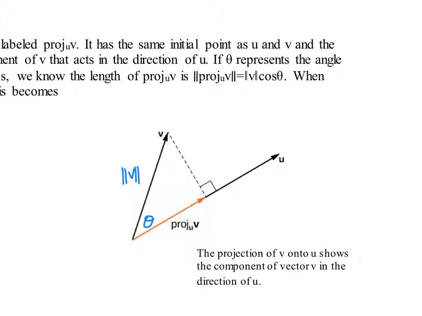That gives us the opportunity to use right triangle relationships. For example, I know the adjacent side of a triangle and the hypotenuse, so I can say the cosine of theta is equal to the adjacent over the hypotenuse.